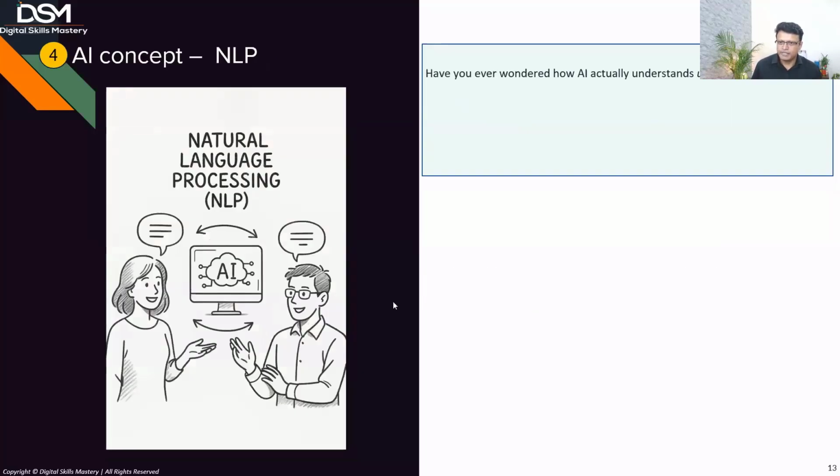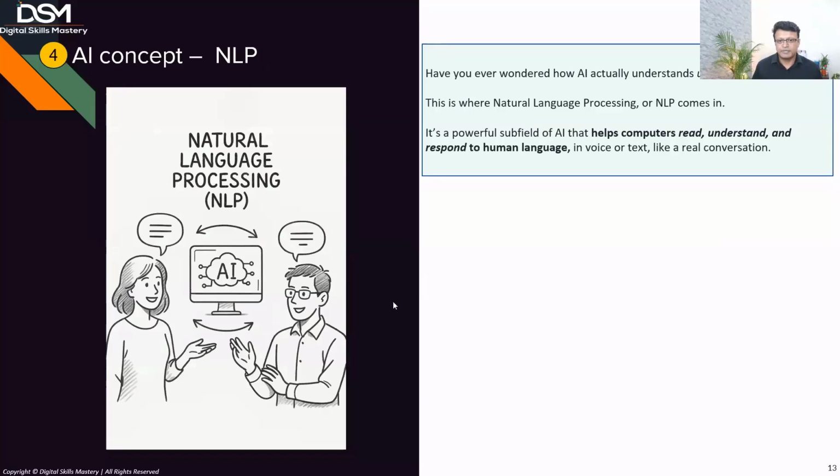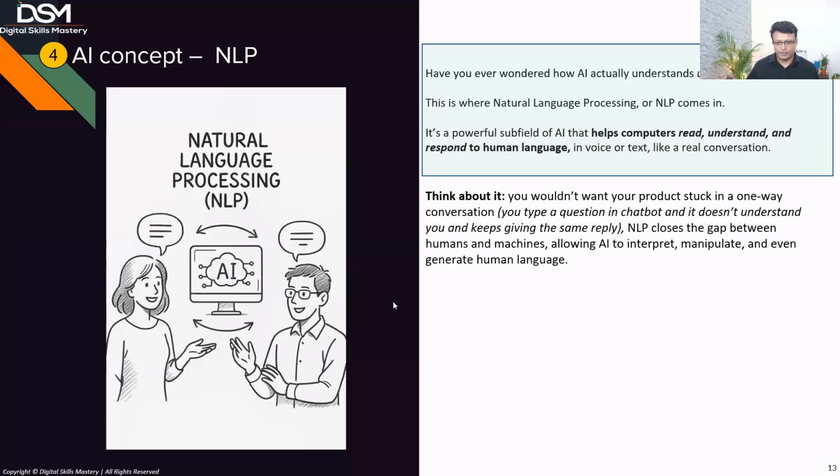Next, moving up, is the AI concept of NLP. This is where natural language processing comes in. This helps AI actually understand us, the humans. It's a powerful subfield of AI that helps computers read, understand, and respond to human language in voice or text like a real conversation.